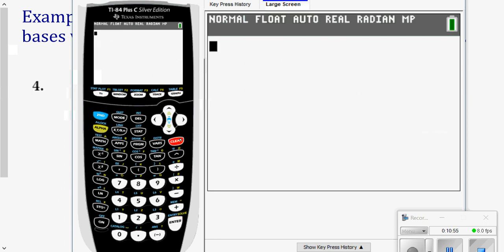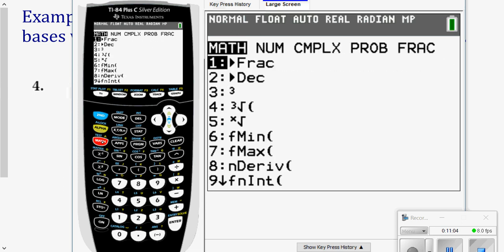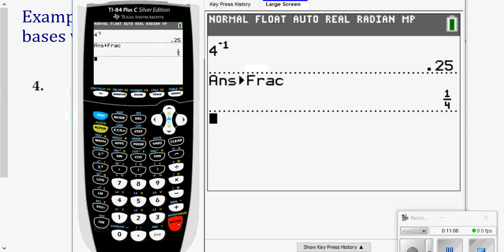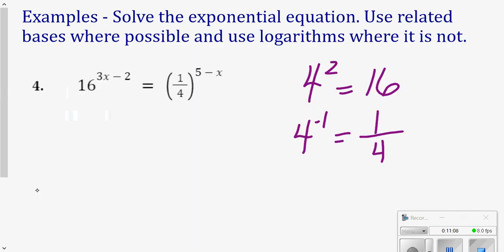Again, calculator. So 4 to the -1st power. Oh yeah, that's a 4th, right? Yeah, that's a 4th. Okay, so I know these two facts, okay? So we're going to replace each of the given bases using the information I just wrote to the right.